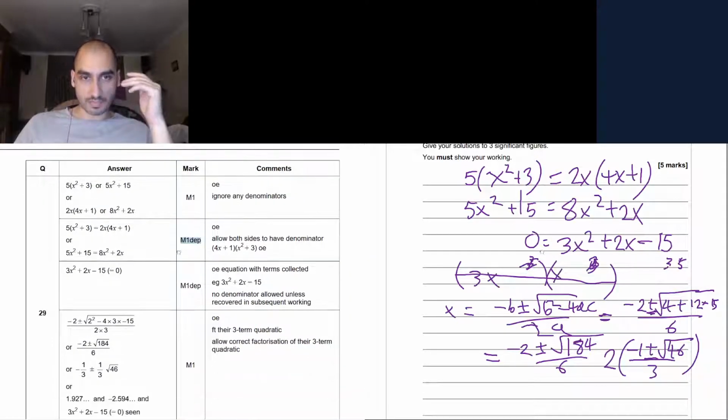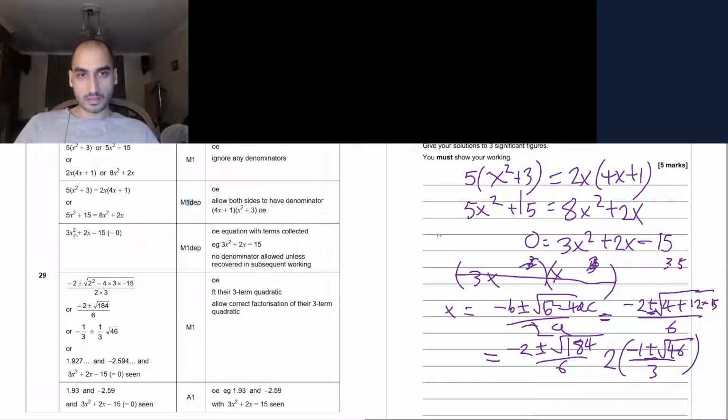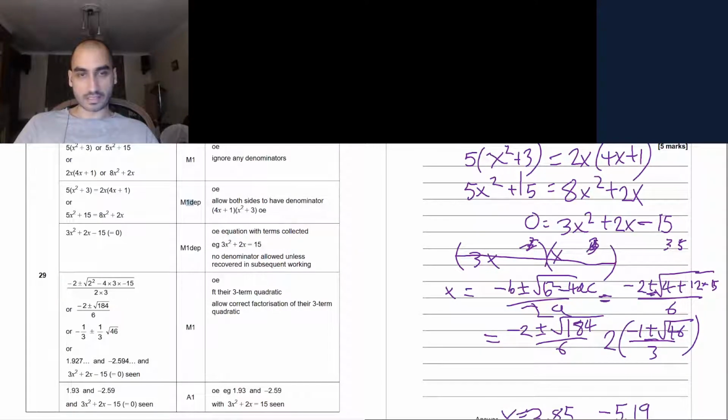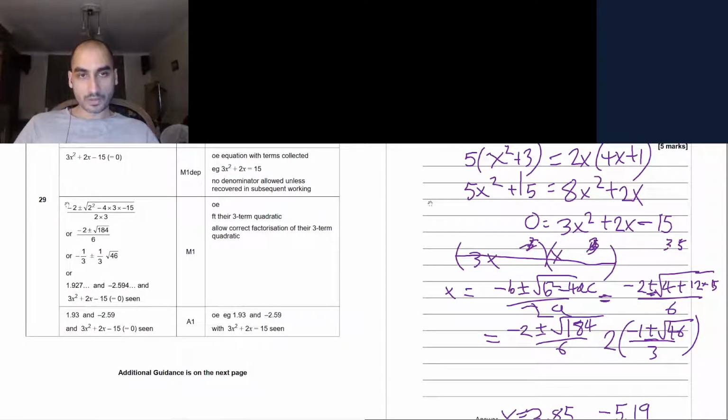Oh, so these are the separate marks. So you get 1 mark for expanding. I did that. 5x squared plus 15, 8x squared plus 2. Yep, I did that. So I get the second mark. Third mark if you wrote 3x squared plus 2x minus 15. I did exactly that. So I get 3 marks so far.